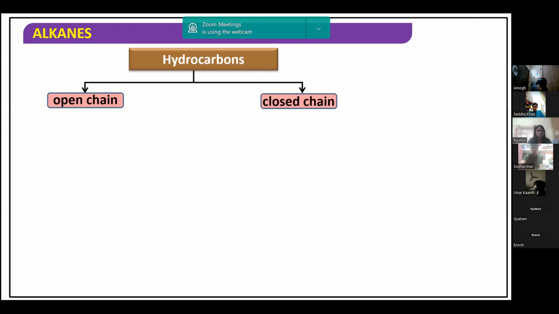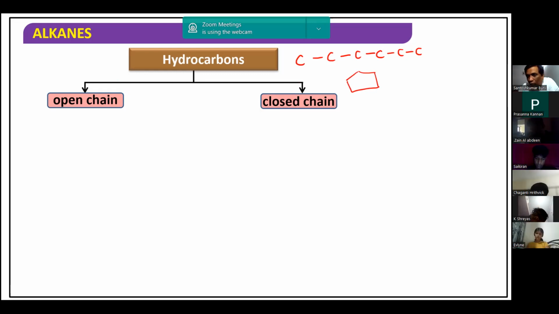Open chain means the carbon atoms are attached together in chain form like this. Closed chain means they form a ring-like structure, something like this. So carbon can have different types of attachments with each other, in open chain or closed chain form. This is the basic, broad classification of hydrocarbons.